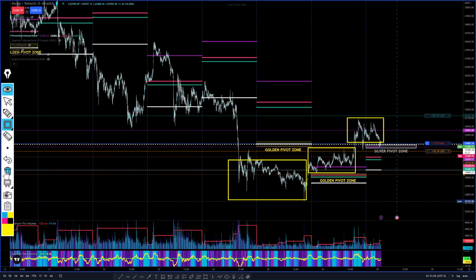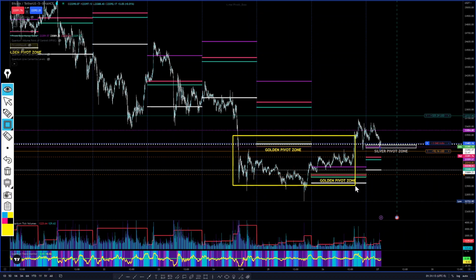So to me, it's setting up like a nice little recovery and a reversal, right? So we're getting a nice support area right here, a nice auction right here, a consolidation or accumulation phase where we could break above now, right, and head back up to these levels.